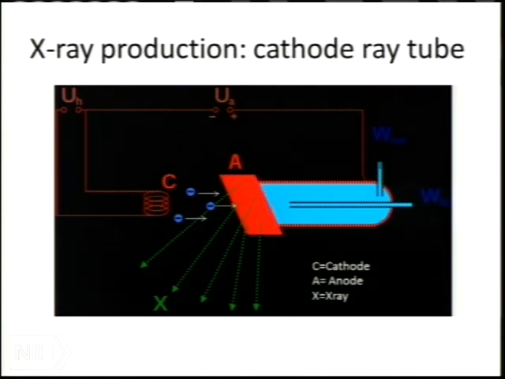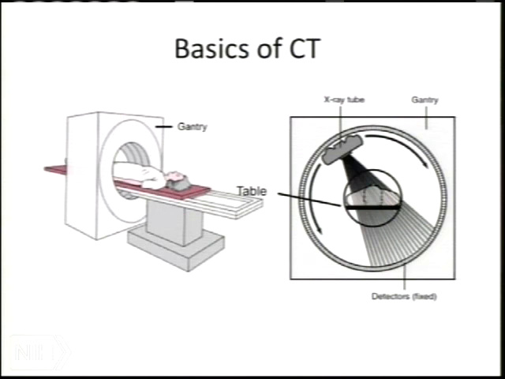Now, by tilting this, you can actually get the X-rays to go in a certain direction. And of course, that's important if you're trying to make an image. You don't want them flying all over the place. You want them to go down in a particular direction. So we incorporate one of these X-ray tubes in the CT gantry, and it rolls around the patient circularly. And there are detectors.